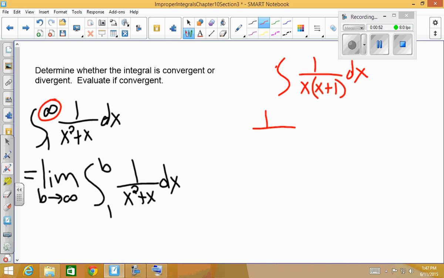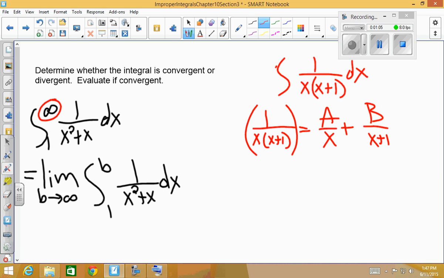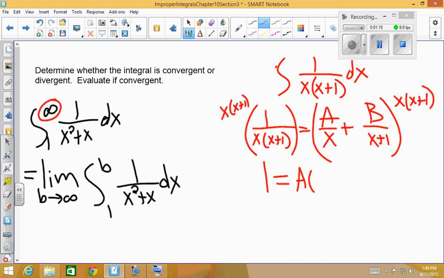So 1 over x times x plus 1 is equal to A over x plus B over x plus 1, multiplying by the common denominator, which is x times x plus 1. We see that we have 1 equals A times x plus 1 plus B times x.